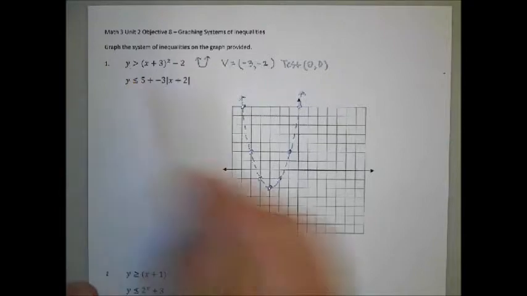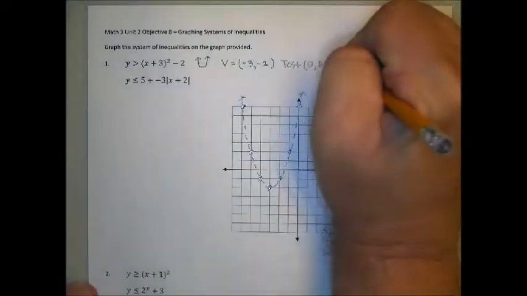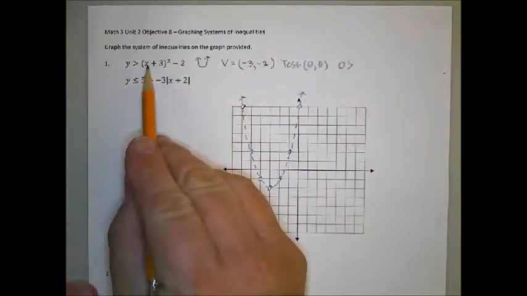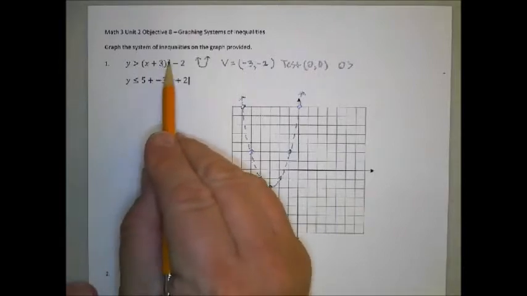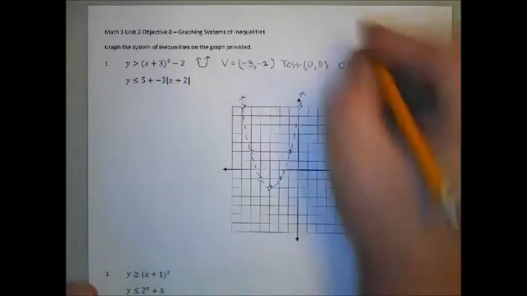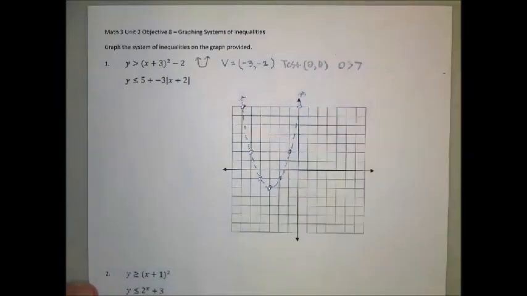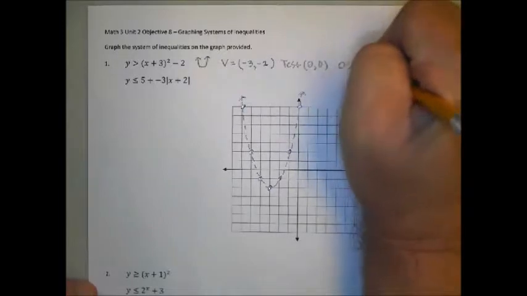So if I plug in a y value of 0, I get 0 is greater than. Now if I plug in an x value of 0 also, 0 plus 3 is 3, 3 squared is 9, 9 minus 2 is 7. So I get a statement that is saying 0 is greater than 7, which is obviously a false statement.